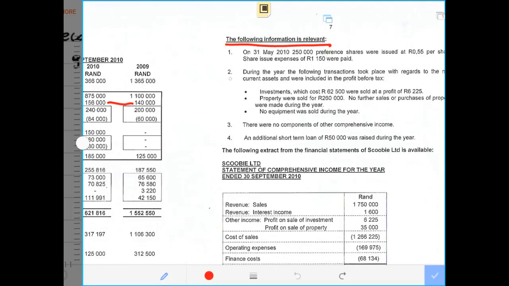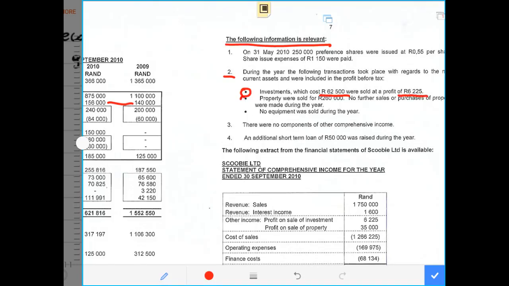Then number 2 says that during the year, the following transaction took place with regard to non-current assets, and these non-current assets are included already in the profit before tax. So now that means all these transactions were already taken into account in the profit before tax. They tell us that there was an investment of 62,000 rands cost price, which was sold at a profit of 6,225.